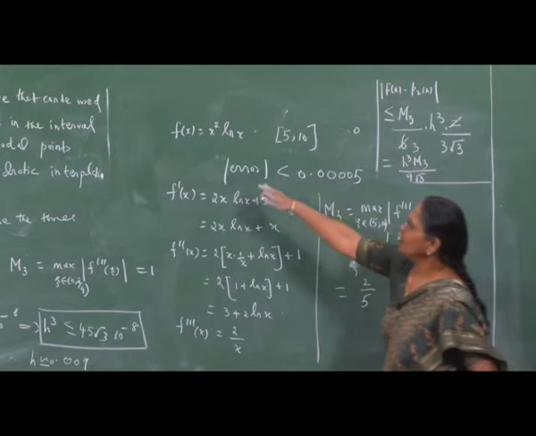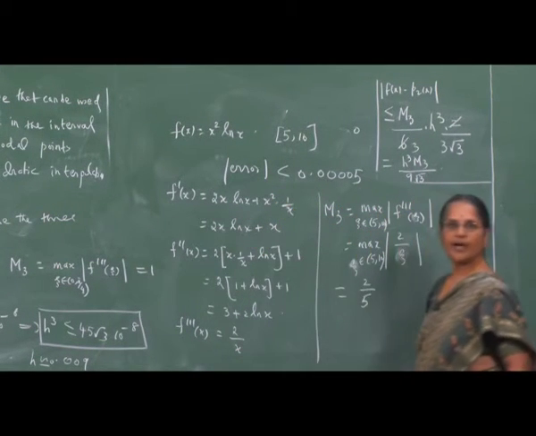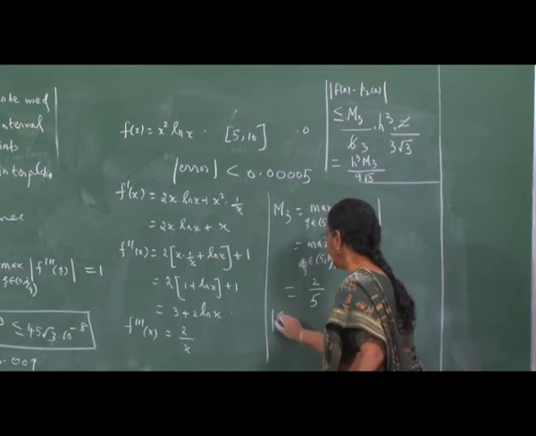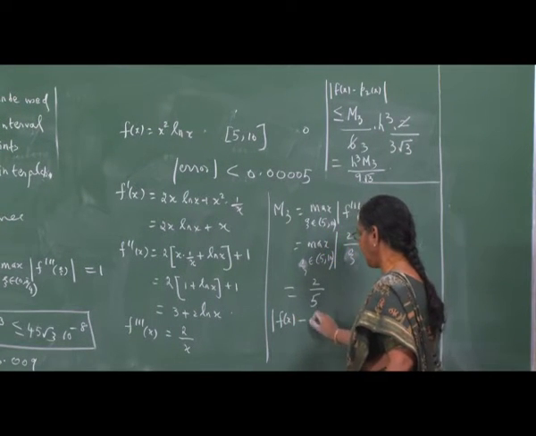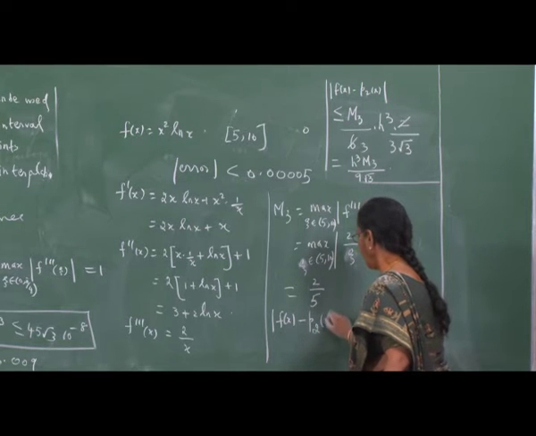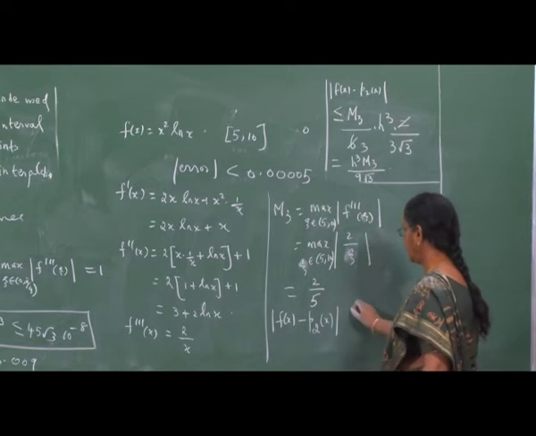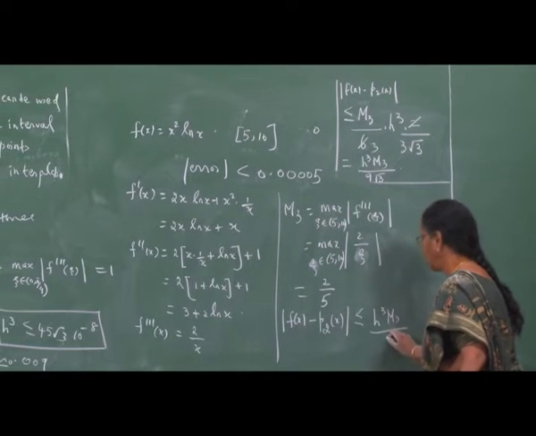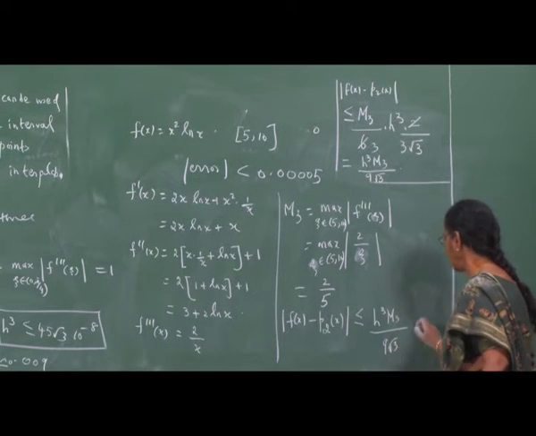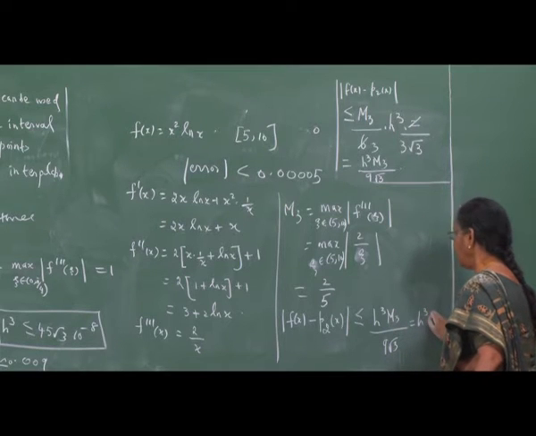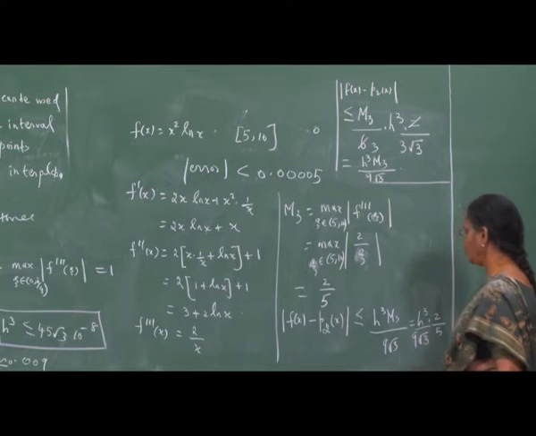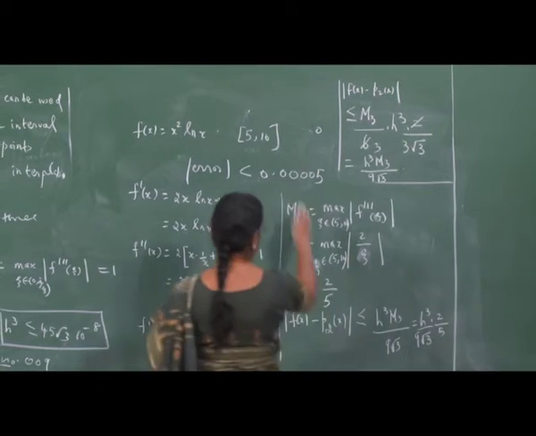So we can now use the inequality for the error bound and write down that modulus of f of x minus this quadratic polynomial is less than or equal to h cubed into M3 by 9 root 3. This is h cubed into 2 by 5 by 9 root 3. And what do I want?